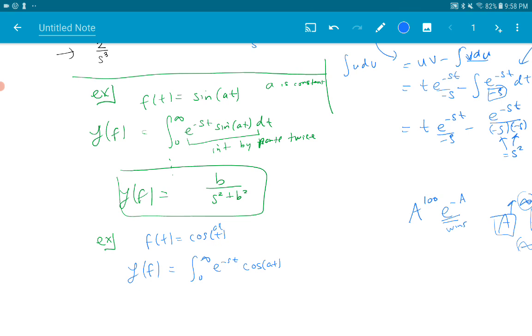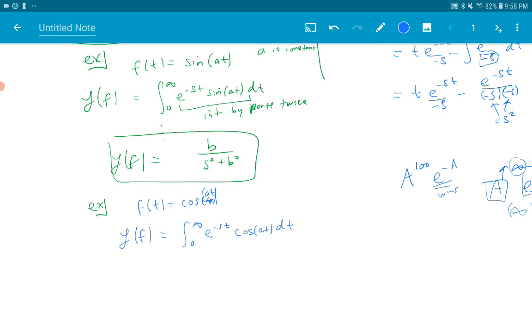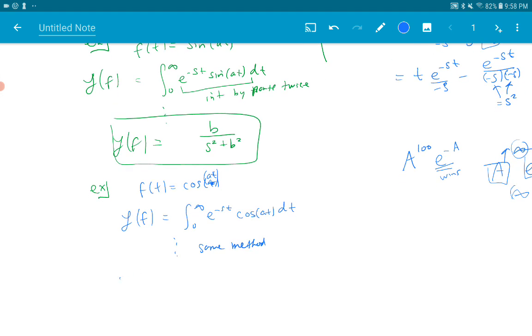Sorry, let's make that at in case you want to have a frequency in front of it, not just t. It's the same technique, but you end up with something else. You end up with the Laplace transform of cosine of at equal to s over s squared plus a squared.